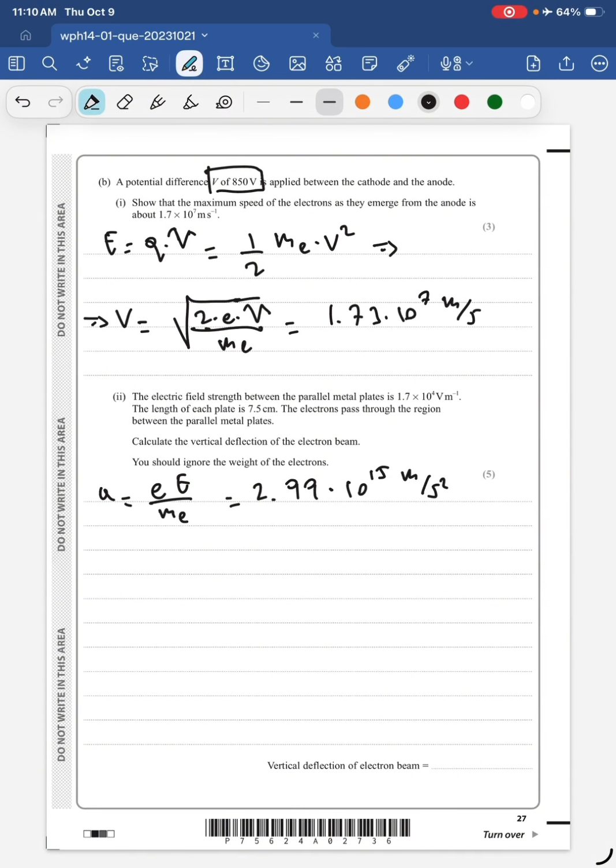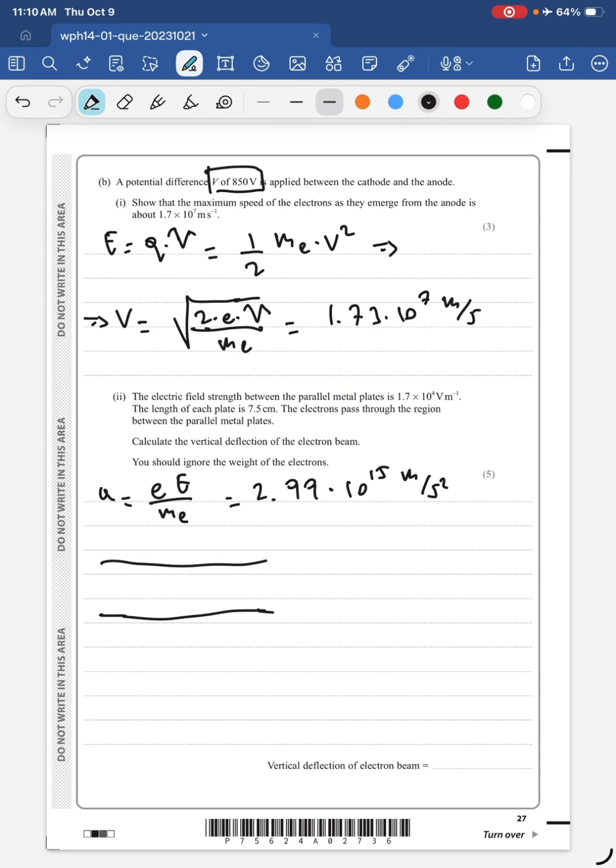Now the horizontal motion, let me see, pass through the region between the parallel plates. Okay, so horizontally, so these are the plates, right?